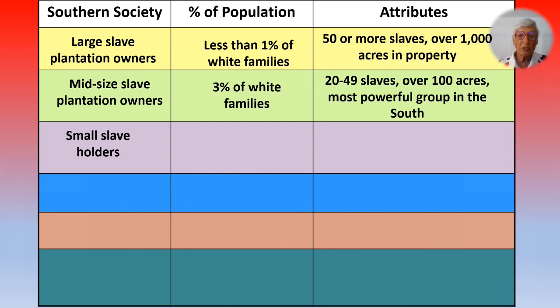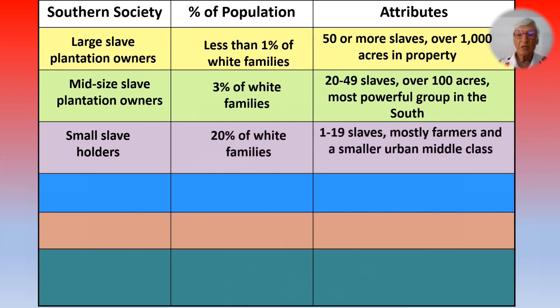Then the small slaveholders, 20% of the white families, 1 to 19 slaves, mostly farmers, and a smaller urban middle class. If you add those up, 20 plus 3 plus 1, you're only at 24% who even had one slave. Then there were non-slave owning whites. They were 75% of the white families.